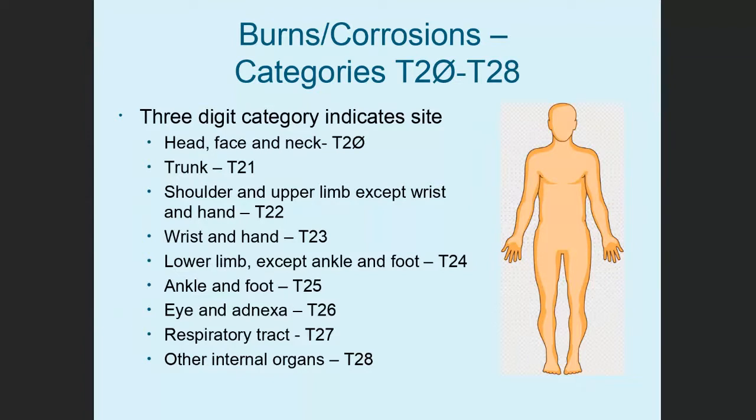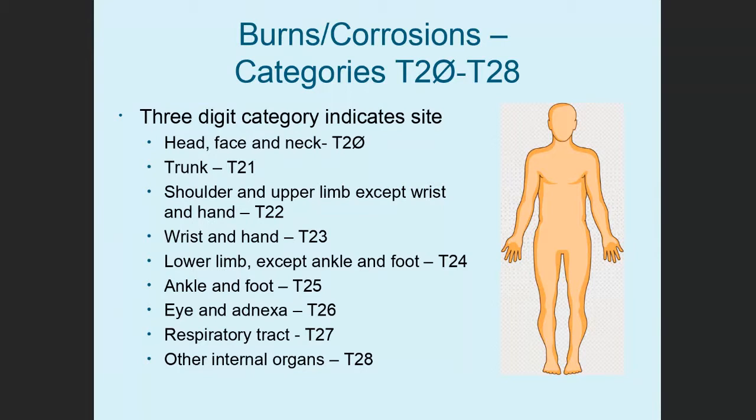For burns and corrosions, we have categories T20 to T28. The 3-character category indicates the site. Head, face, and neck is T20, trunk is T21, shoulder and upper limb except wrist and hand is T22, wrist and hand is T23, lower limb except ankle and foot is T24, ankle and foot is T25, eye and adnexa is T26, respiratory tract is T27, and other internal organs is T28.